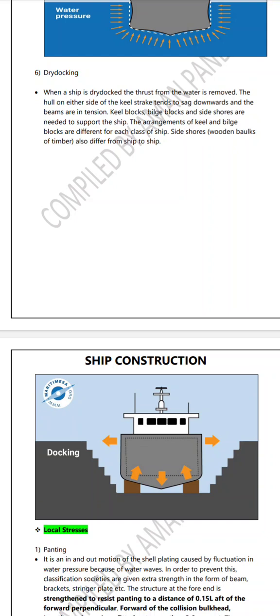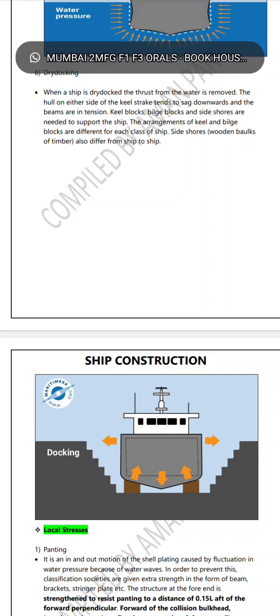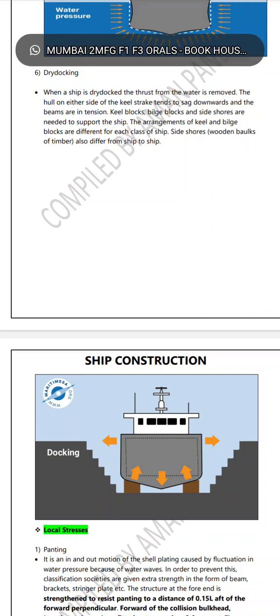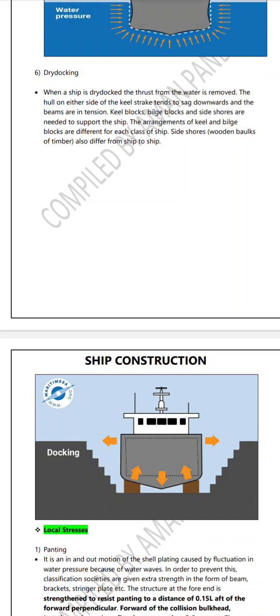Keel blocks, bilge blocks and side shores are needed to support the ship. The arrangement of keel and bilge blocks is different for each class of ship. Side shores also differ from ship to ship.